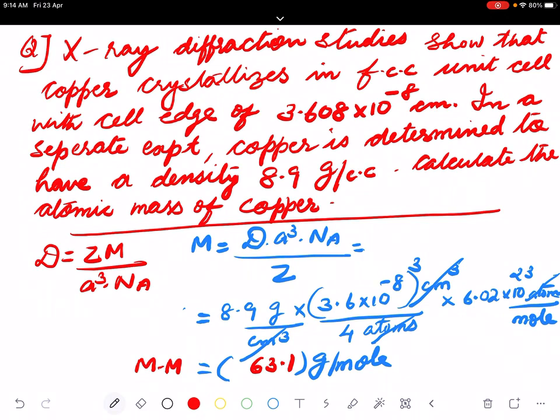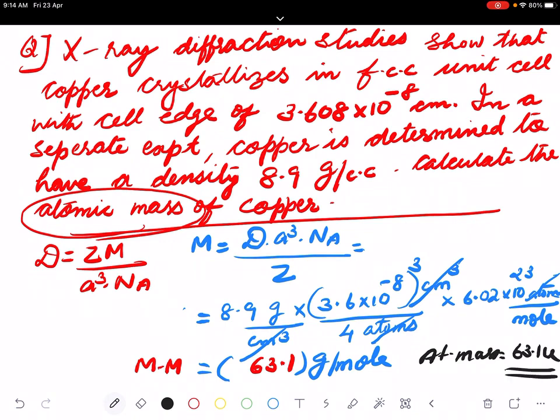The question is to find out the atomic mass, so you have to change this unit into U. So the atomic mass of copper is equal to 63.1 U. Now, using the same equation, they may ask to find out the Avogadro number, and you will get the answer as 6.022 into 10 to the power 23.